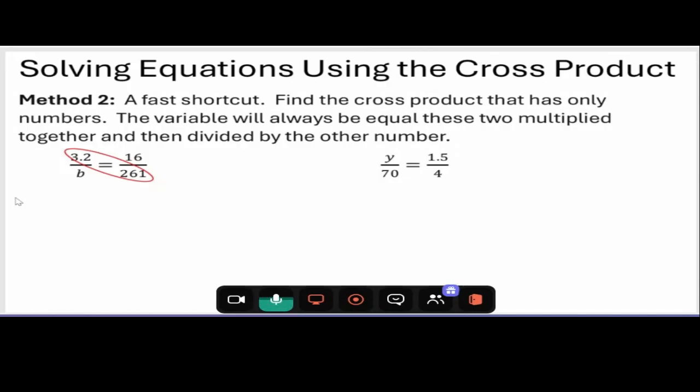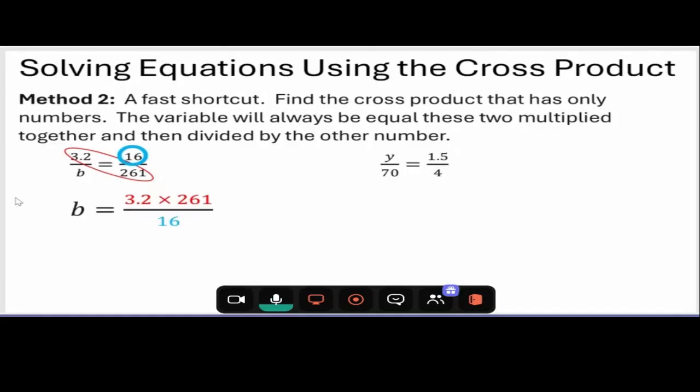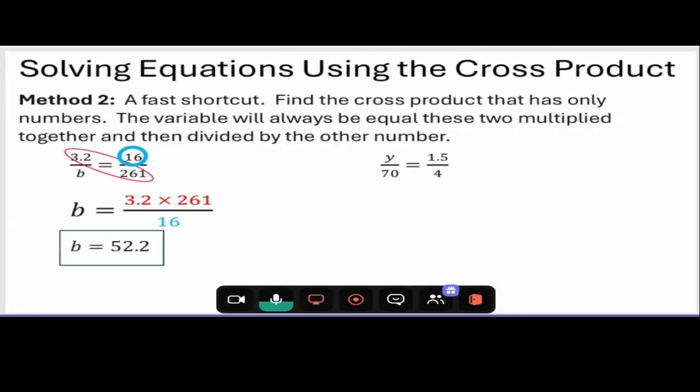We're going to multiply those two, and then we're going to divide by the other number. That is what we would have gotten if we had done the first cross-multiplying method. Multiply the pair that is numbers, then divide by the other one. And that's just something you can take right to your calculator, 3.2 times 261 divided by 16.